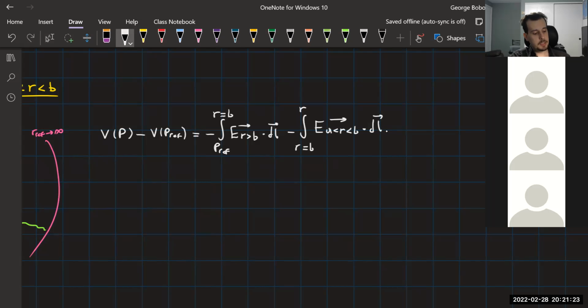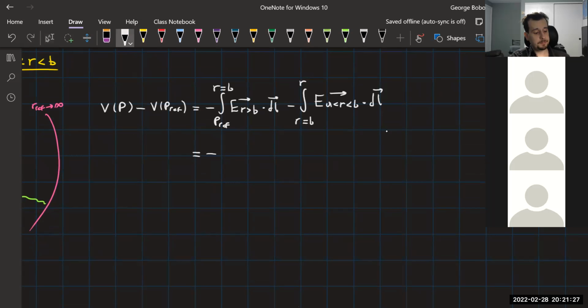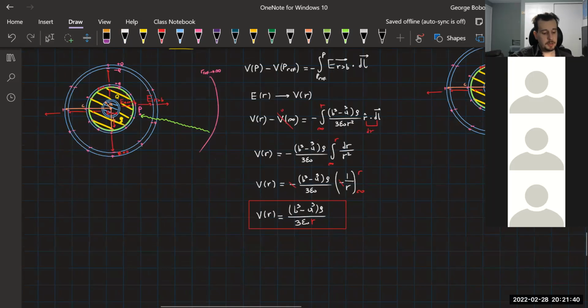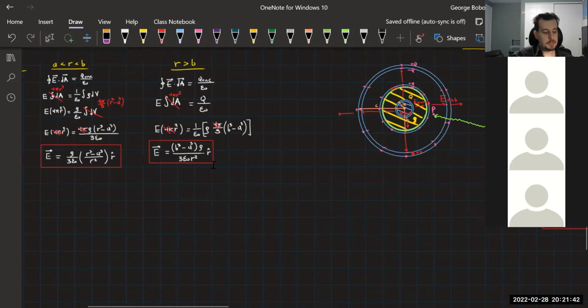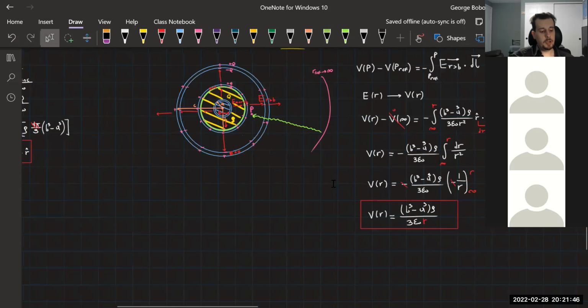So again, I need to bring in my electric fields. The R coordinate of my P reference is infinity. I go up to B, and the electric field outside, once again, is this one. I can rewrite them.